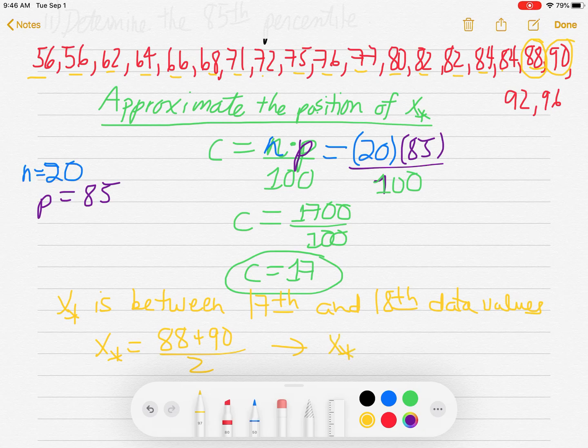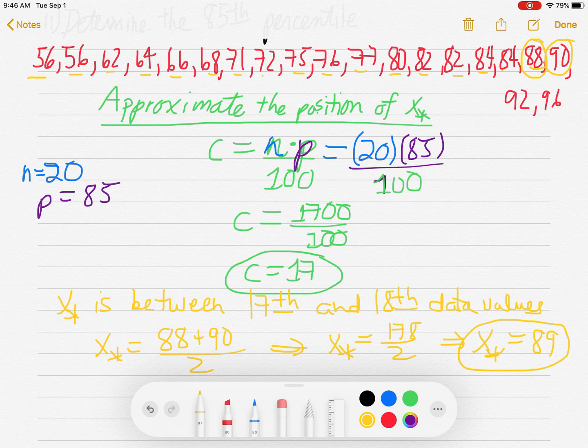So x star is equal to 88 plus 90, which is 178. Divide that by 2 and you get 89. There you have it. So 89 is considered the 85th percentile of this data set.